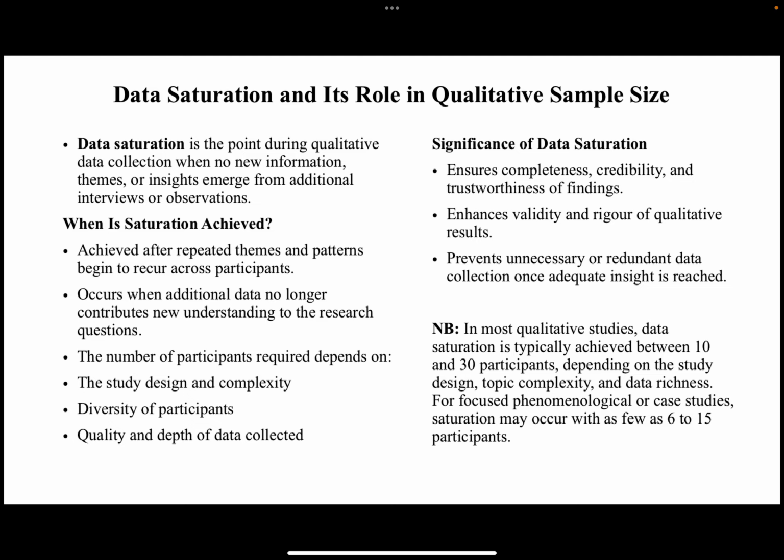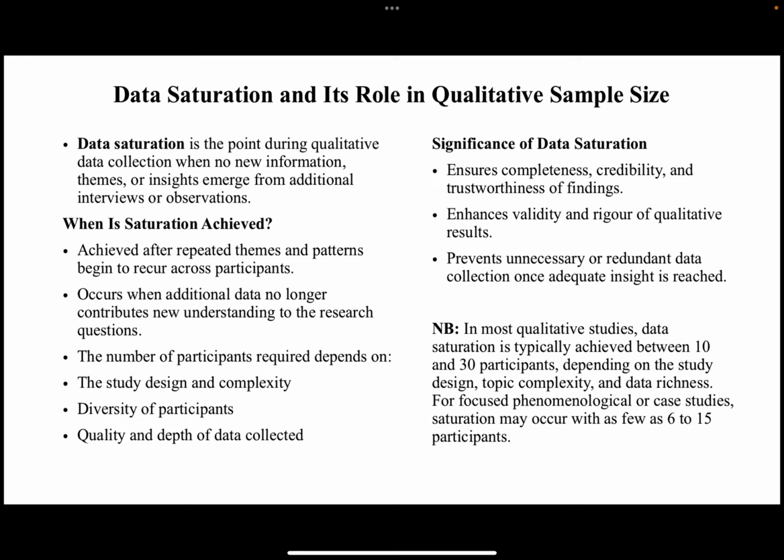Now, the significance of data saturation: it ensures completeness, credibility, and trustworthiness of findings. It enhances validity and rigor of qualitative results. It prevents unnecessary or redundant data collection once adequate insight is reached.